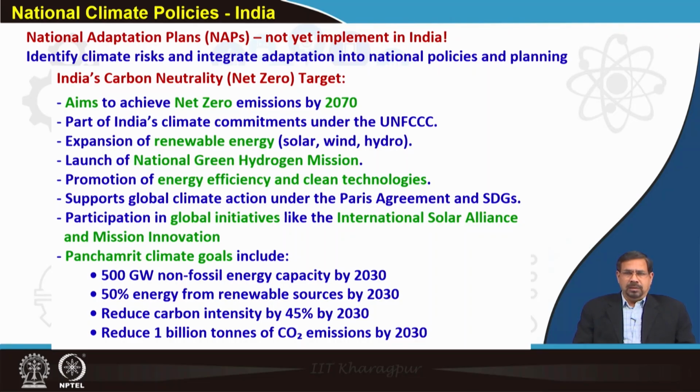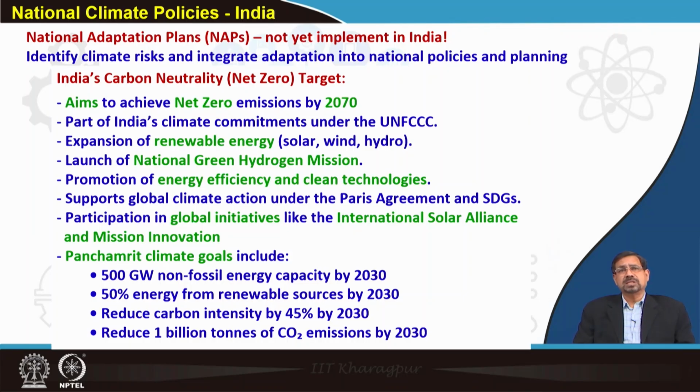Now, at COP in Glasgow, our PM committed to achieving net zero by 2070, and he put it forth as five commitments, called Panch Amrut. The first is 500 gigawatts of non-fossil energy capacity by the end of this decade, that is 2030.